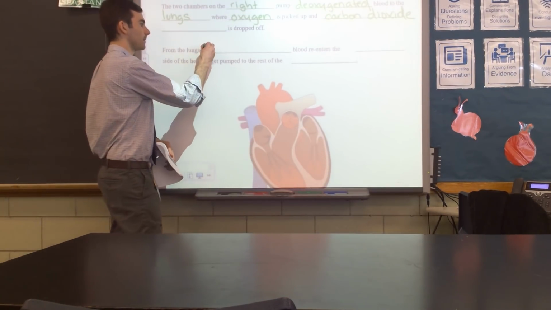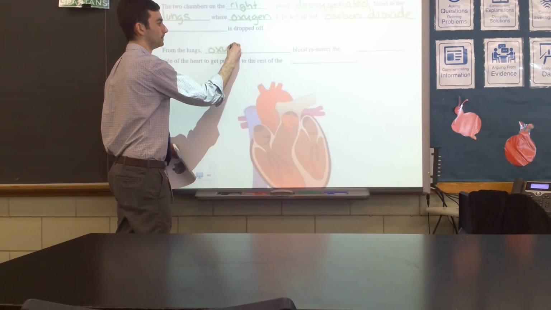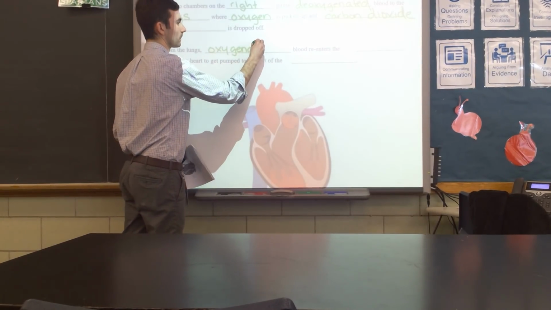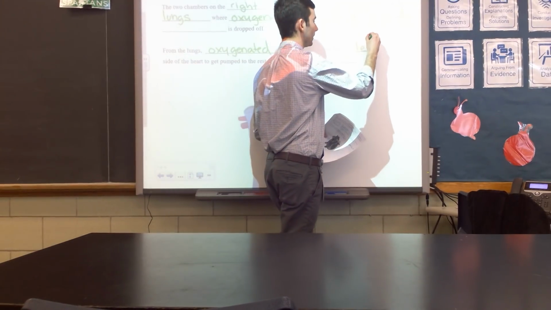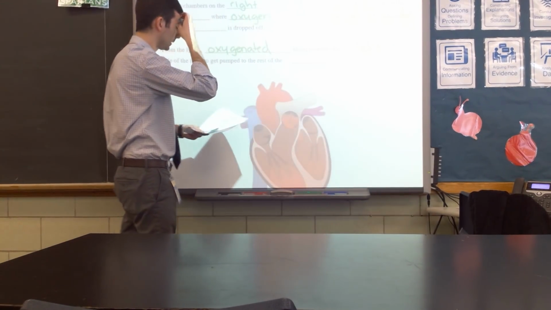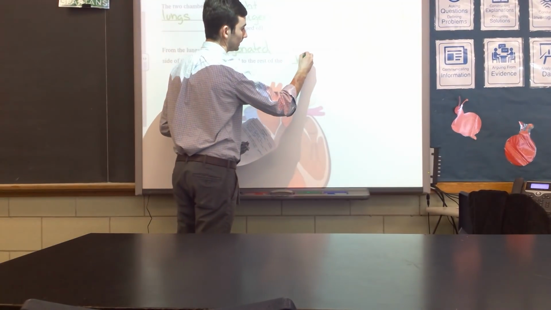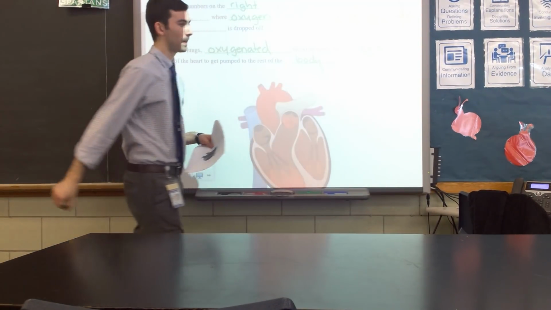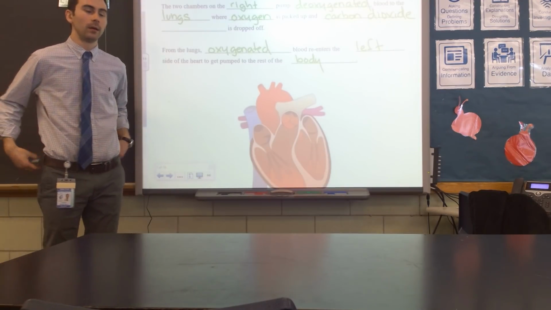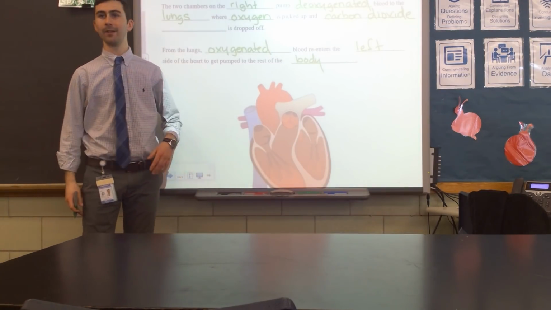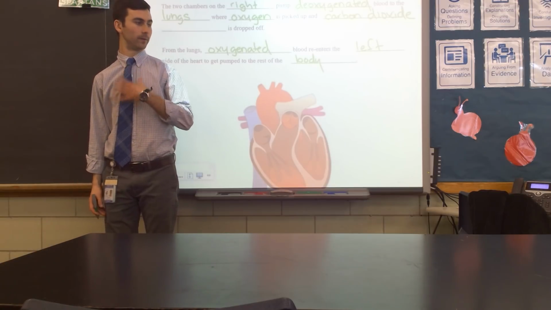From the lungs, that oxygenated blood re-enters the left side of the heart and gets pumped to the rest of the body. Now, just to recap, remember when we look at diagrams of organs, it's always from the patient's point of view.